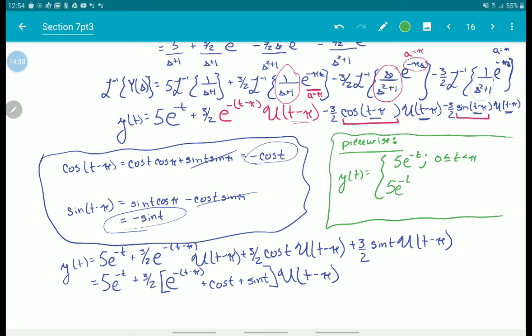So we're starting here, and then we're shifting up 3/2 e to the negative t minus pi plus cosine of t plus sine of t. So we're turning that piece on. And that works when t is greater than or equal to pi.